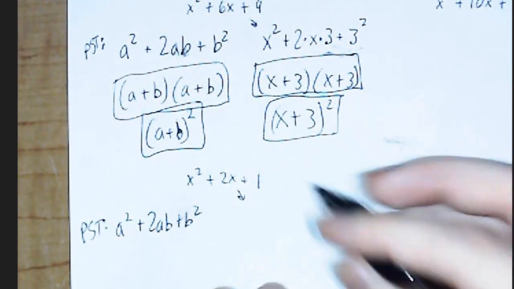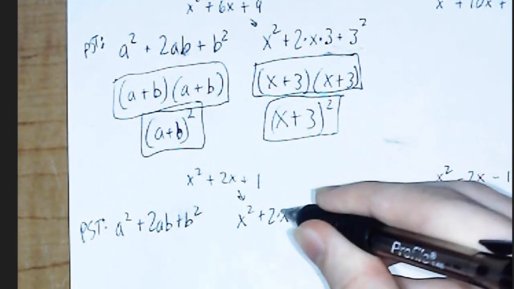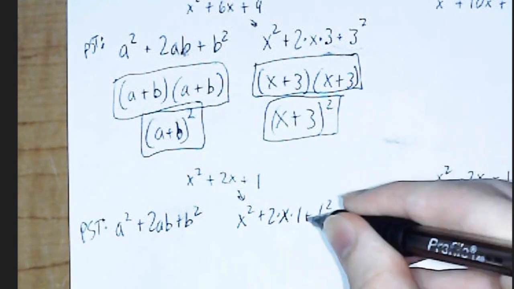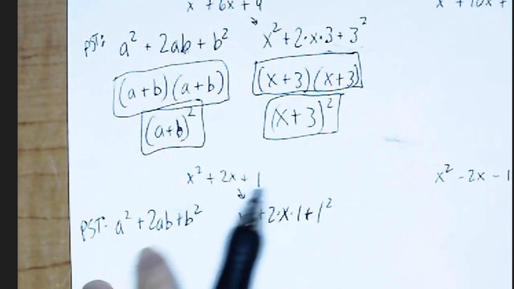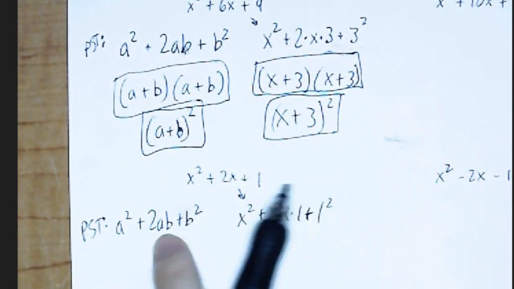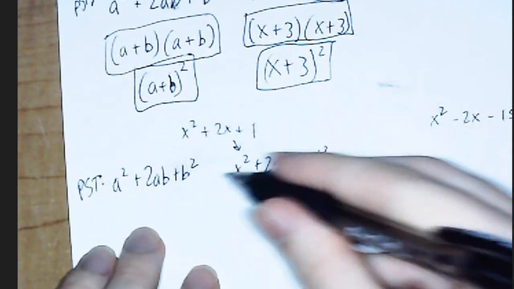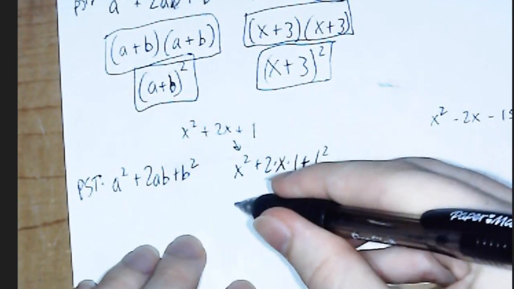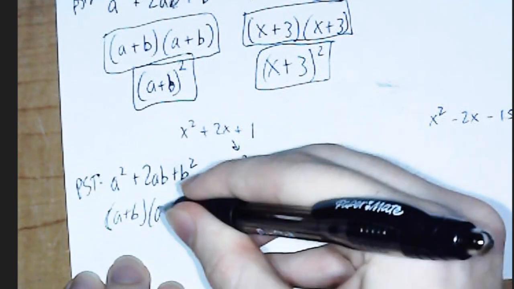So in other words, we can rewrite this as x squared plus 2 times x times 1 plus 1 squared. So we can in fact write this trinomial in the same format as a perfect square trinomial. So again, a in this case is x, b in this case is 1. So our answer would be a plus b times a plus b.